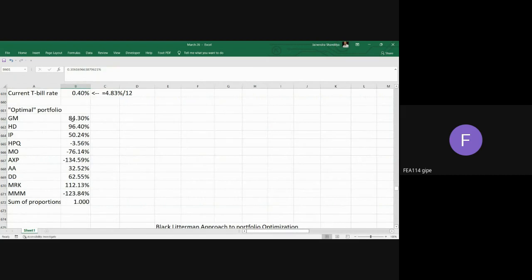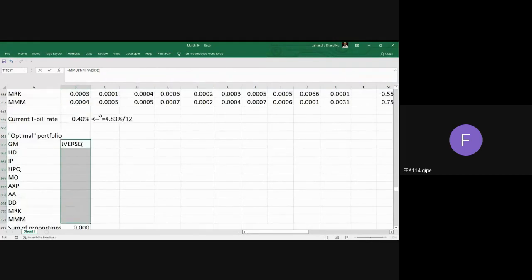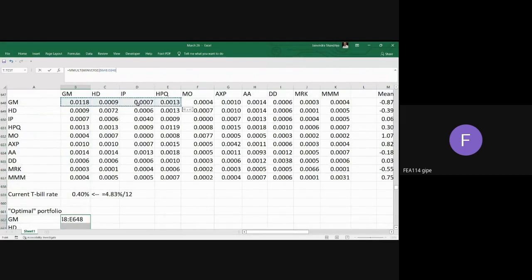I calculated it thinking that you guys were around, so I again delete it. Normally I can do it in 2 steps, like Z, and then do it. But because we are running short of time, let me do this in 1 step. So I do matrix multiplication and then the matrix inverse of my shrinkage matrix.